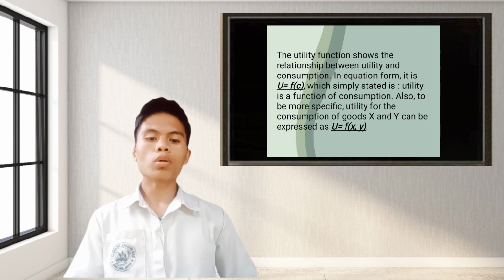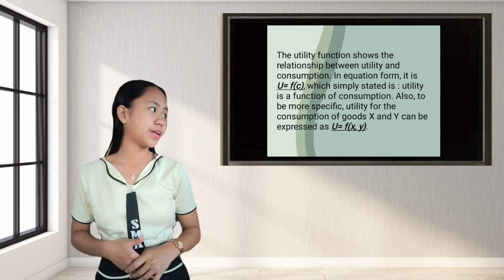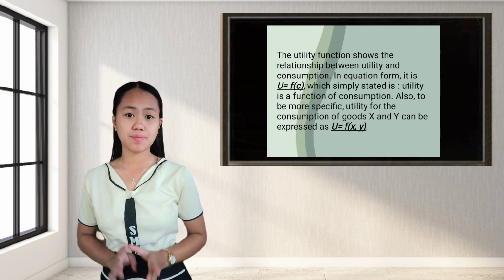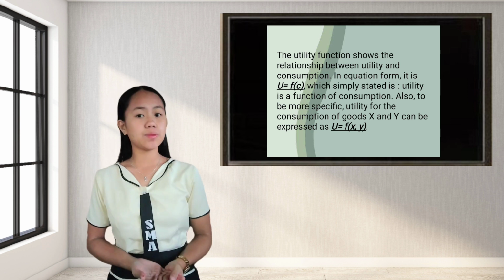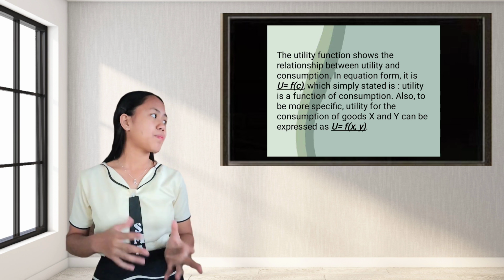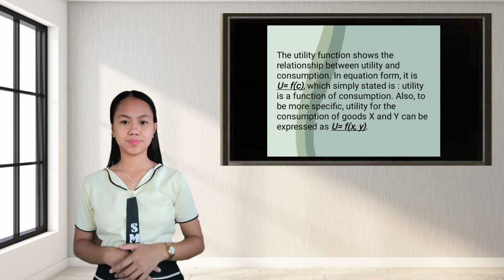Also, to be more specific, utility for the consumption of goods X and Y can be expressed as U equals F of X and Y. Remember that consumption is usage, while utility is usefulness. So the relationship between consumption and utility is how the use of goods or equipment gives satisfaction.